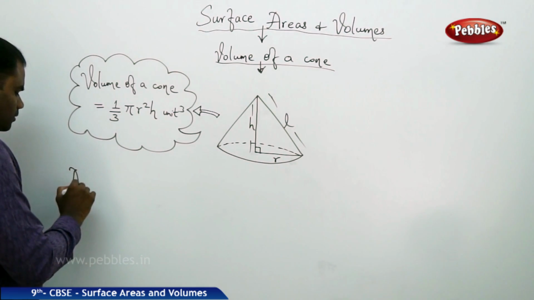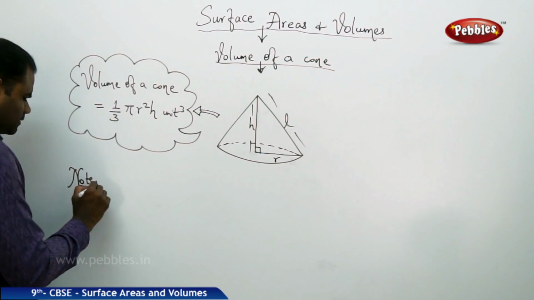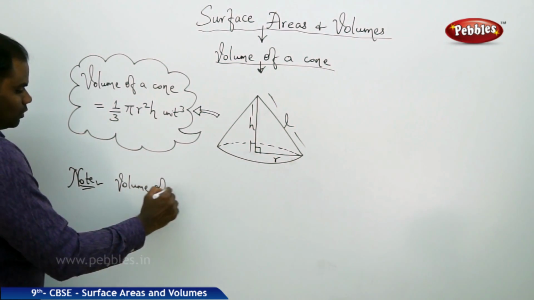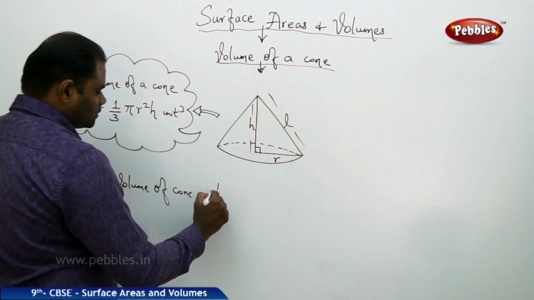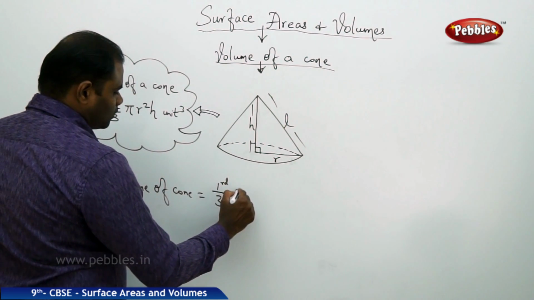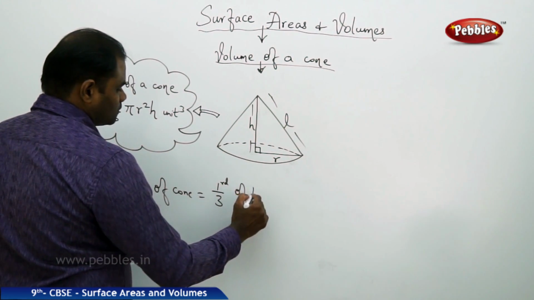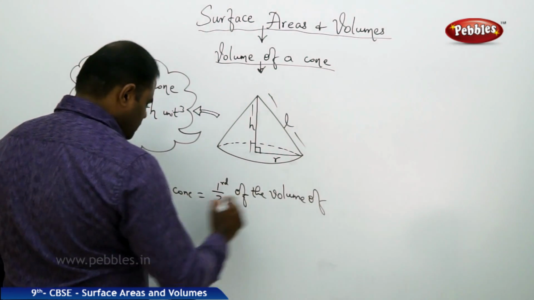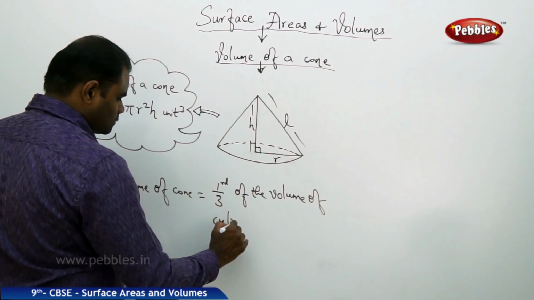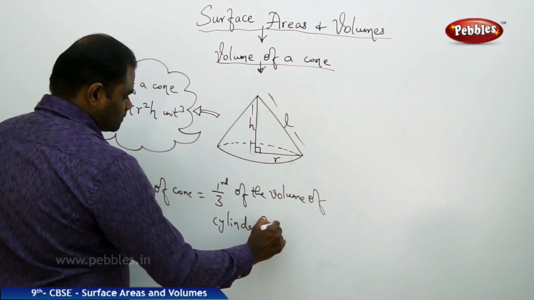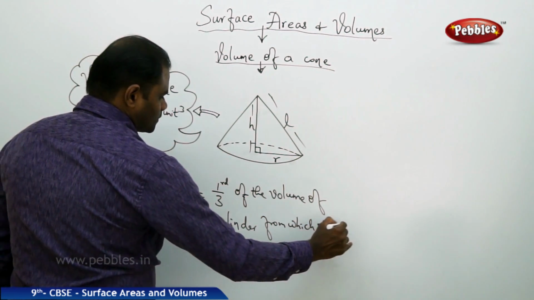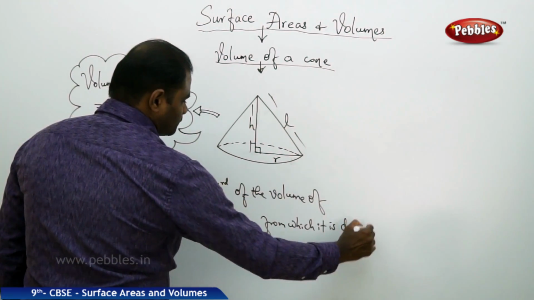It's a very important note I make here, that the volume of a cone is 1/3 of the volume of the cylinder from which it is derived.